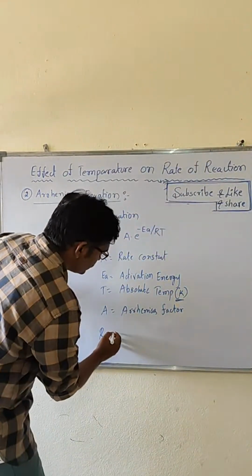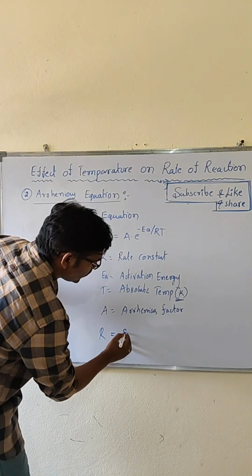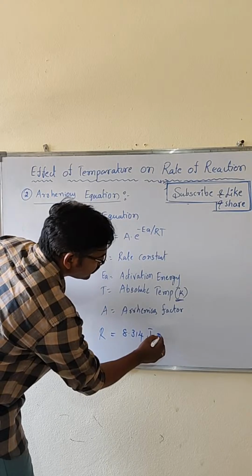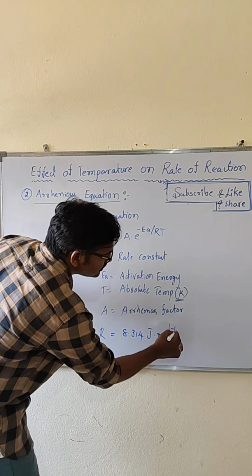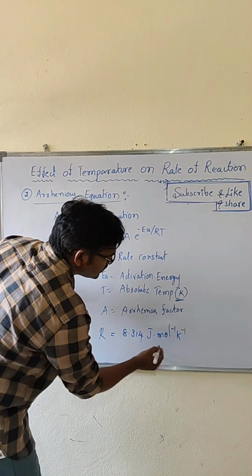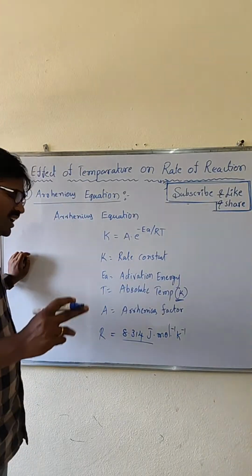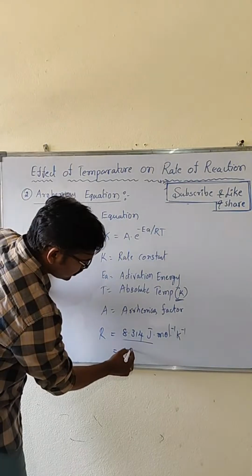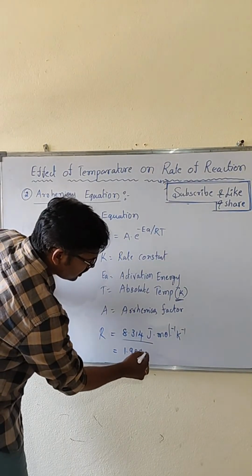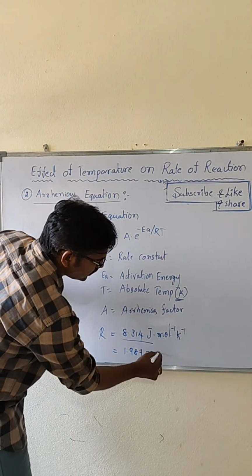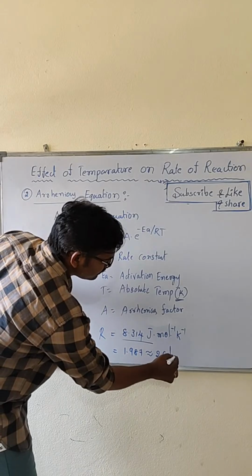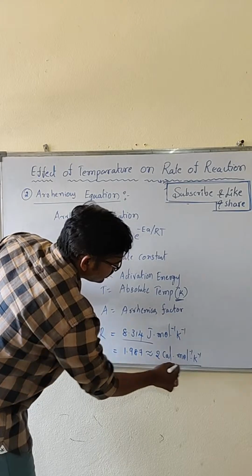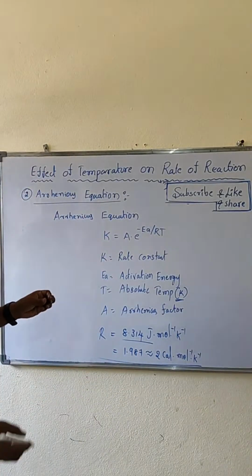The gas constant value you have to take is 8.314 joule mole inverse Kelvin inverse, in case of joules. In case the question is in calories, then 1.987, or approximately 2 calories mole inverse Kelvin inverse. So this is what we call the Arrhenius equation.